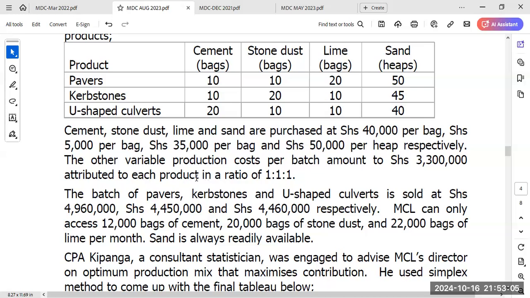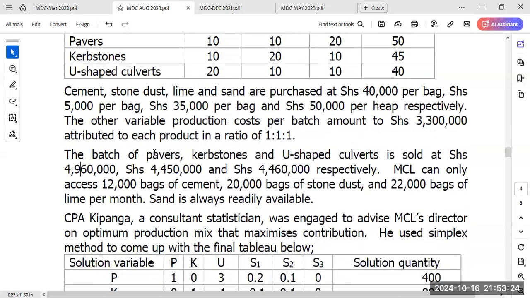Remember, we have 3 products: pavers, capstones, and U-shaped culverts. Okay, but in a ratio of 1 to 1 to 1. Okay, the batch of pavers, capstones, and U-shaped culverts is sold at shillings. Now, this is the selling price per batch, because they are saying the batch of.